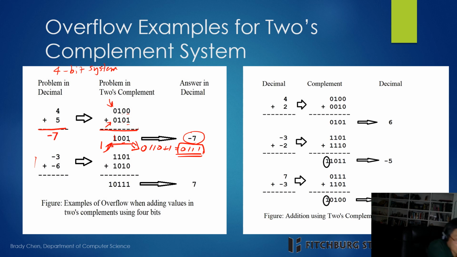Now you may think how this could happen, right? Because when you add a 4 and a 5, the sum of 4 and 5 is actually 9, right?